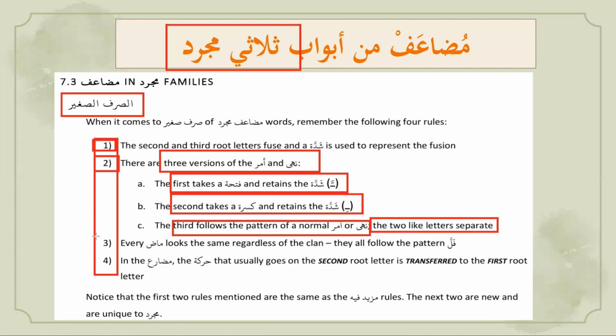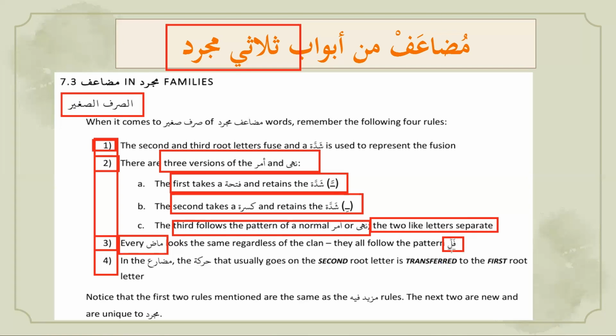Now the third rule is about every past tense. Okay, every past tense looks the same regardless of the clan. So whether the Muda'af word is coming from Nasara family or Fataha family or Samia or Daraba family, it follows the same pattern as Falla.